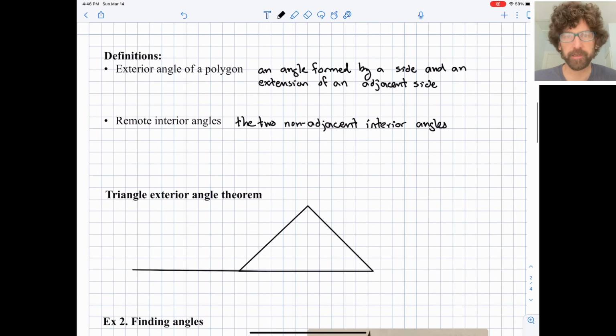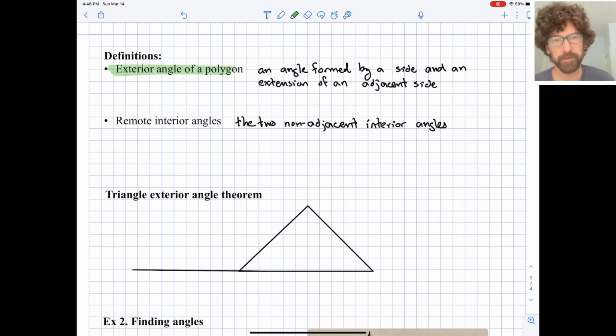I'm going to give you a couple definitions as we move on and start thinking about maybe slightly more complex angle scenarios when we're dealing with angles outside of a triangle. First, the exterior angle of a polygon. Exterior obviously meaning outside. It's an angle formed by a side and an extension of an adjacent side.